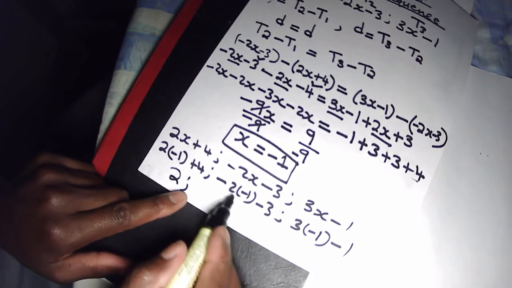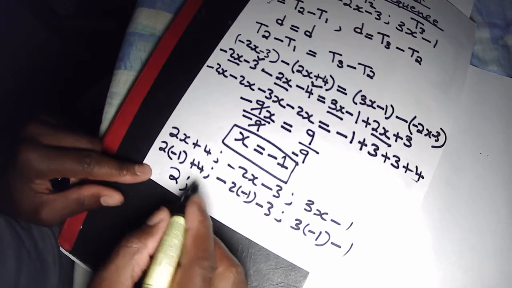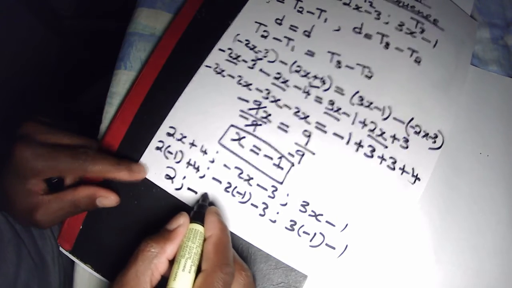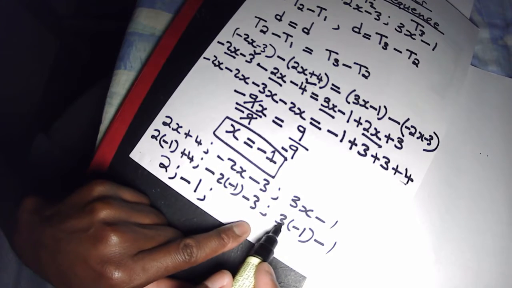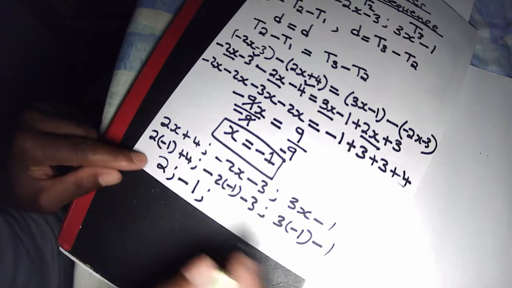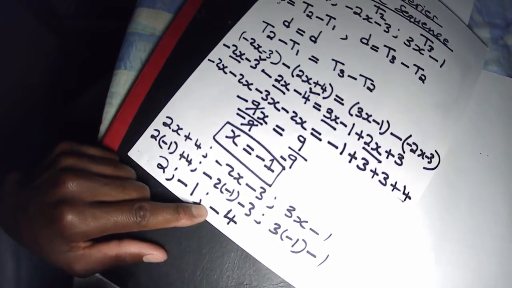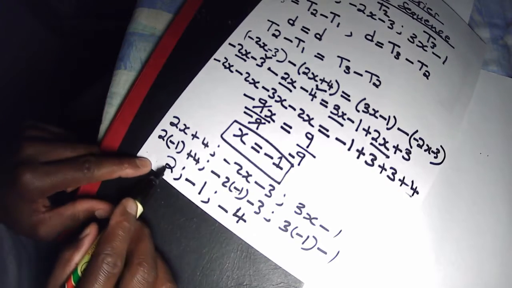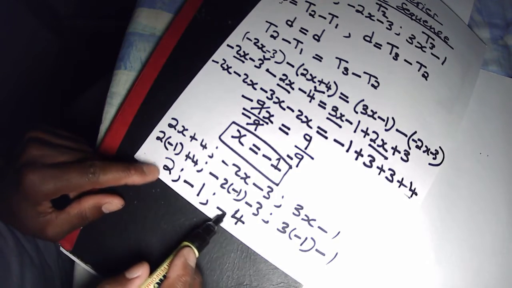Okay, so negative times negative is positive, so 2 minus 3, it's negative 1 semicolon, so 3 times negative 1, that is negative 3, minus 1, we get negative 4. Okay, so this is the arithmetic sequence without variables.